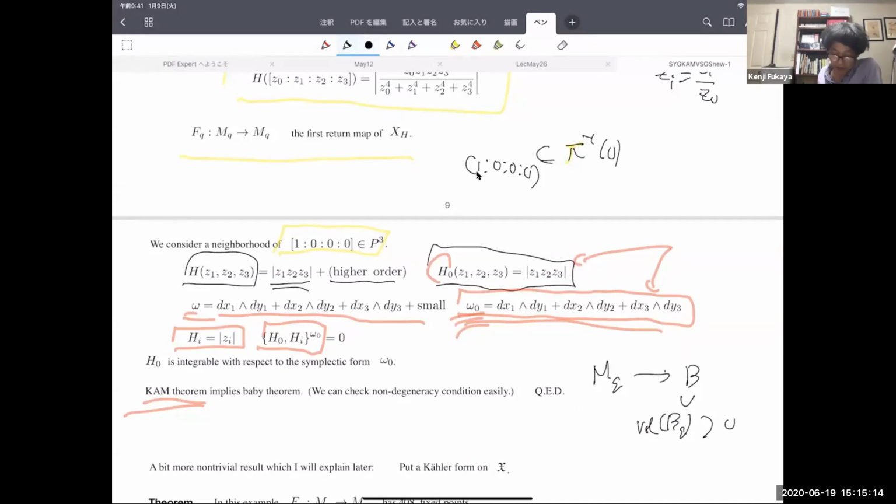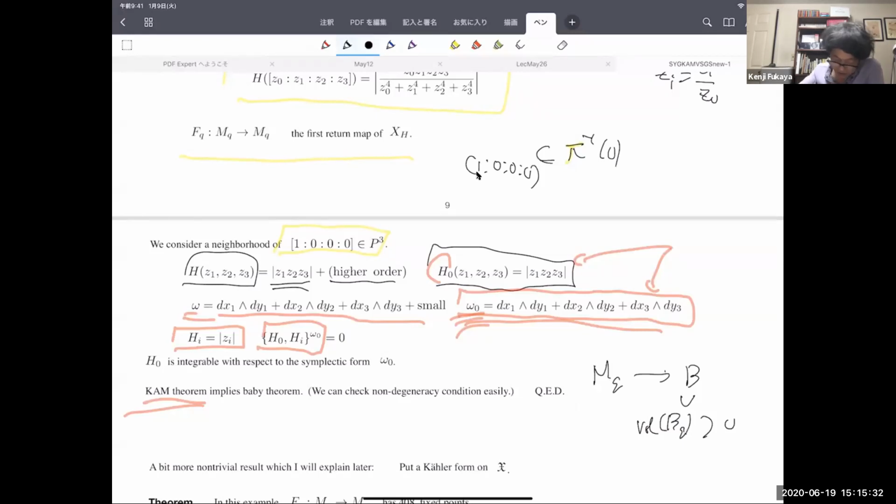So you can just apply the KAM theorem to get this baby theorem. You see that this argument can be generalized in complete generality, but as you see this is very much an easy exercise in the application of the KAM theorem. So this is a kind of a beginning of the story.